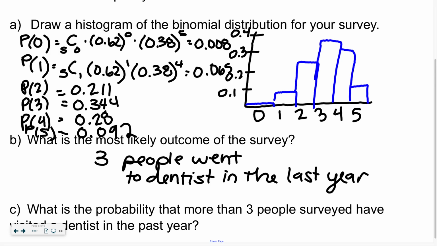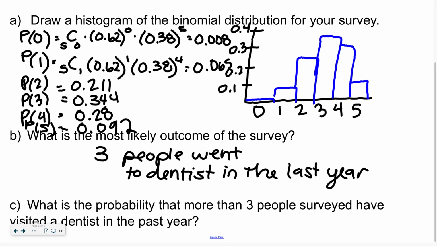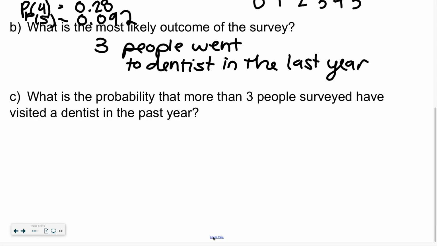What's the probability that more than 3 people surveyed have gone to dentists in the past year? What will you do to calculate that? More than 3. Add the 2 for 4 and 5. If it's more than 3, it doesn't include 3, right? So that would be the probability of 4 or 5 had gone to the dentist.